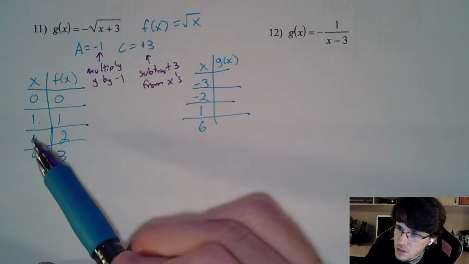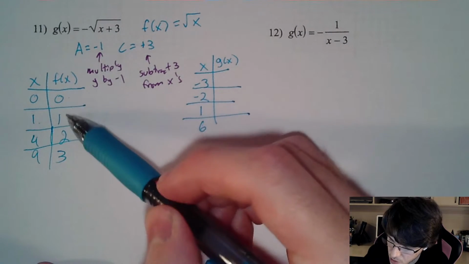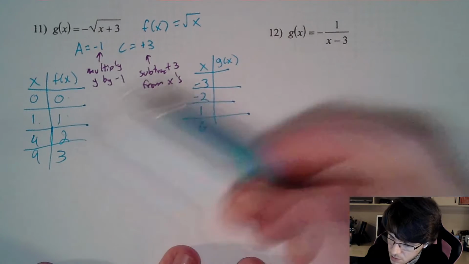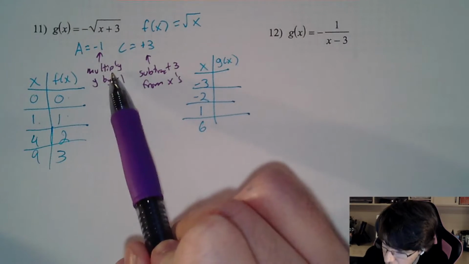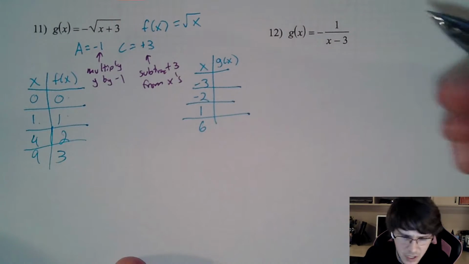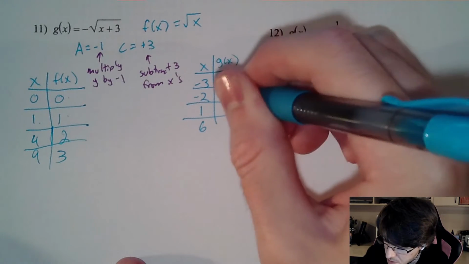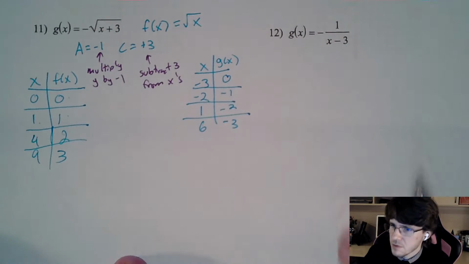So again, you're going from here to here, subtracting 3. Over here, 0, 1, 2, 3. What's going on with that? Well, we have to multiply the y's by -1. So every single one of these gets multiplied by -1. That really just means make it negative, right? So 0, and then -1, -2, -3.